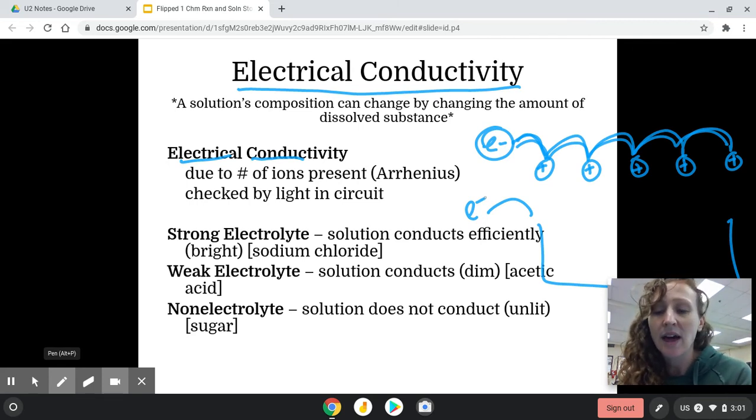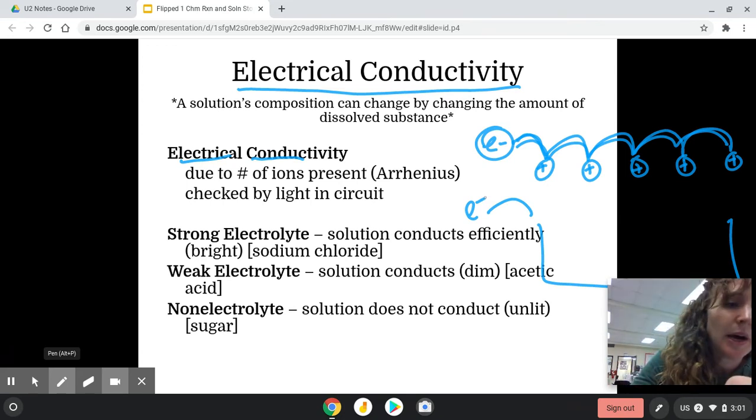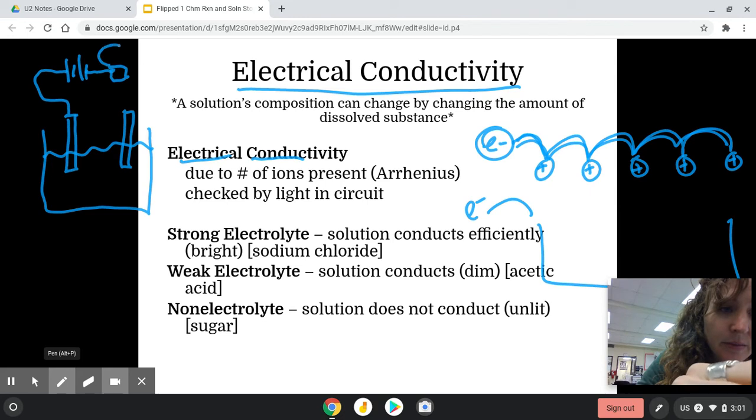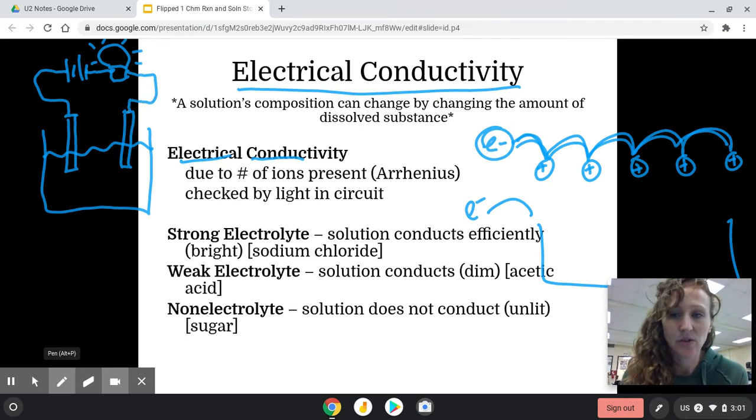And the way that we check this is by taking our solution and putting in leads that are connected to some type of battery, and that battery is connected to some sort of a light source, usually an LED light source, because it doesn't take a whole lot to light an LED light source up.